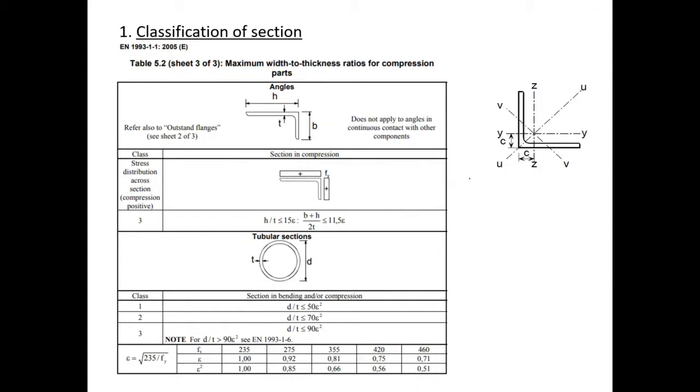Okay, so we know that epsilon is equal to the square root of 235 over fy, which is the square root of 235 over 275, and we can see it's 0.92 from down the bottom here. So with 275 for fy, epsilon is equal to 0.92.